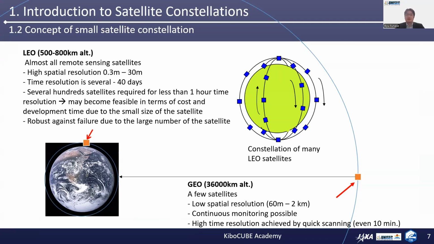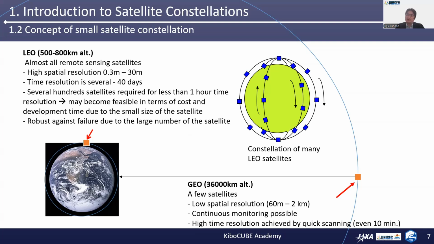In contrast, a constellation in low Earth orbit can achieve high spatial resolution due to its low altitude, but the time resolution with a single satellite is extremely low, so many satellites must be deployed to visit the same point one after another to achieve high temporal resolution.